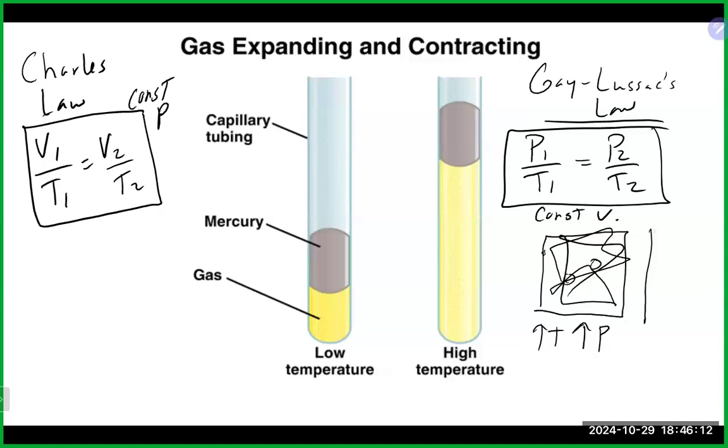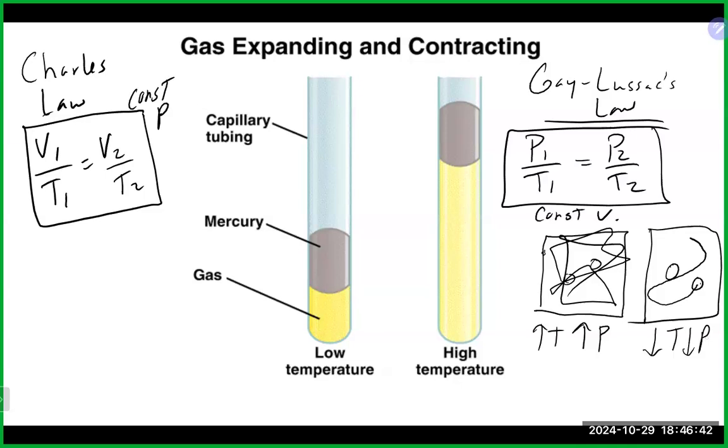Now, if I have the same gas molecules in the same container, but I lower the temperature, those gas molecules are going to lose some energy and move around a lot slower. Because of the lower temperature, we will have fewer collisions, and we will see the pressure start to decrease.